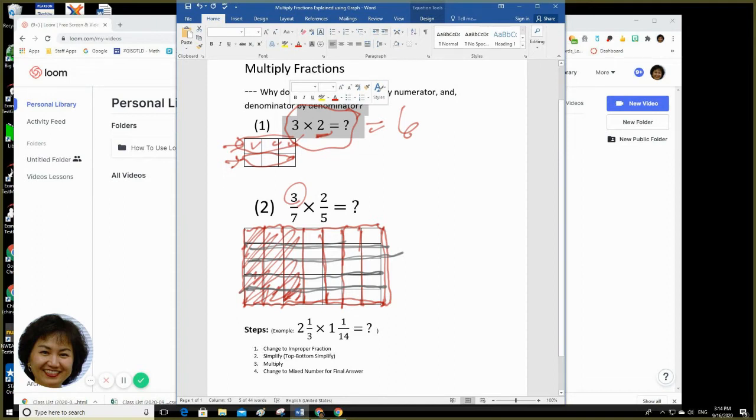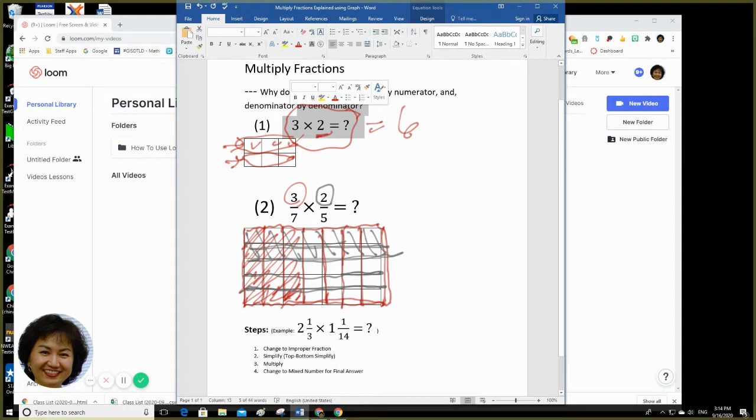We are taking 2 parts of these 5, so I'm going to shade it this way: 1, 2 parts.